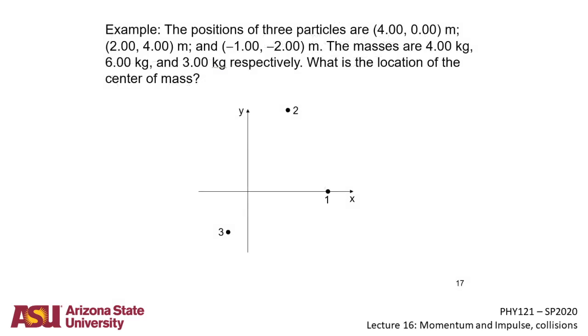Okay? Now, what if you want to do this with more than 2 particles? So, we'll give you another example. The positions of 3 particles are (4, 0), (2, 4), and (-1, -2). The masses are 4, 6, and 3 kilograms. Where is the center of mass? I'm going to do the x component first, and then we'll take a look at the y component.